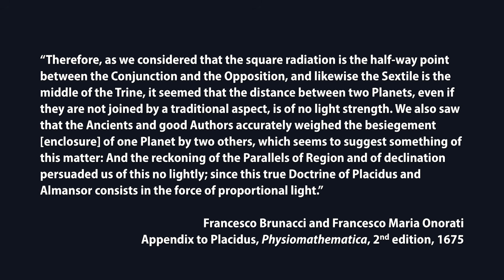We also saw that the ancients and good authors accurately weighed the besiegement or enclosure of one planet by two others, which seems to suggest something of this matter. And the reckoning of the parallels of region and of declination persuades us of this no lightly, since this true doctrine of Placidus and Al-Mansur consists in the force of proportional light."